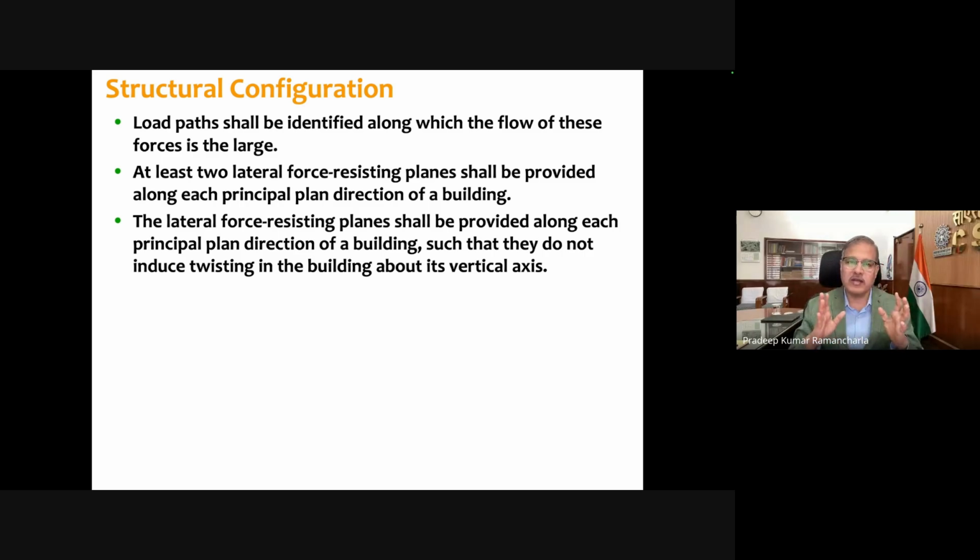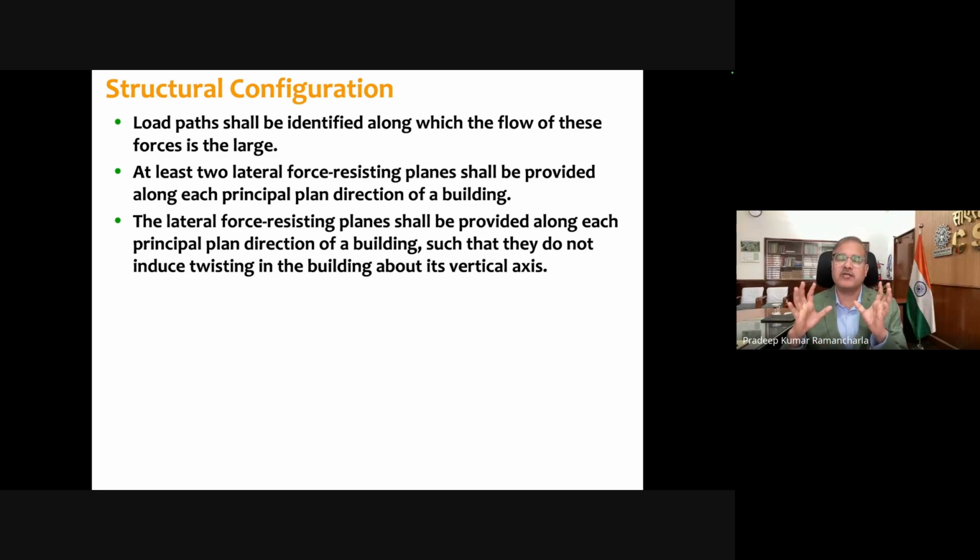If they are not available and not of the same strength, then twisting of the building might happen, and the induced seismic force, which will usually be generated at the level of a diaphragm, will not be taken properly to the base. That is the main idea behind providing 2 lateral force resisting planes in each principal plan direction of the building. This is the intent of structural configuration.